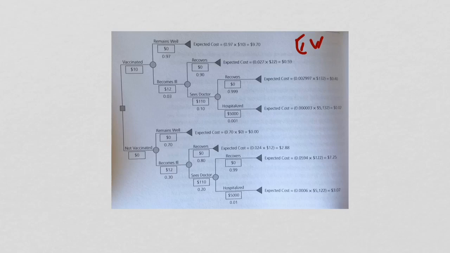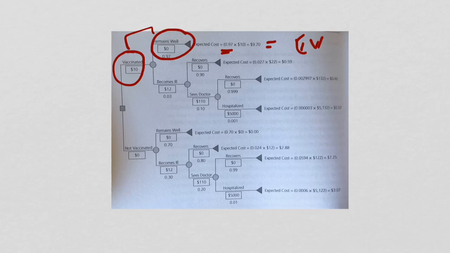In this case, let's look at the first one on the top: vaccinated and getting well. Here we have 0.97, which is 97%, times the $10, and that will give us $9.70. So that is the expected value of this whole strategy here.